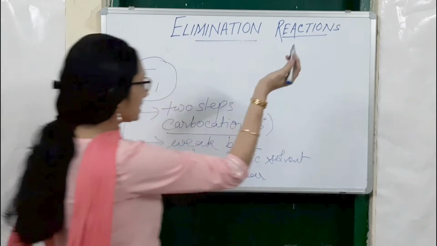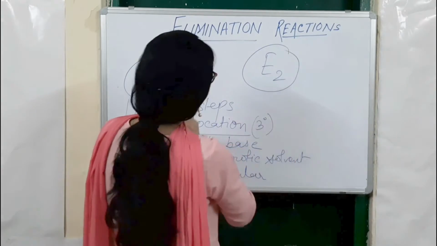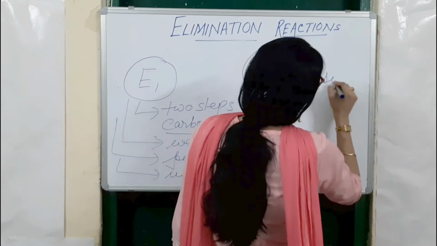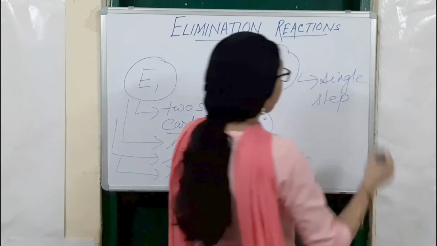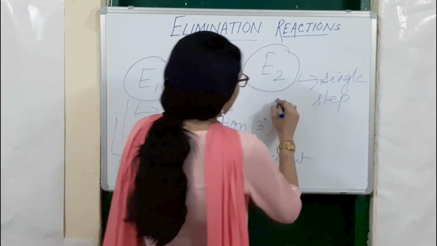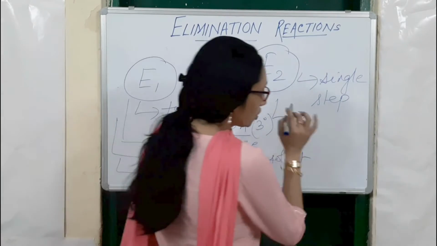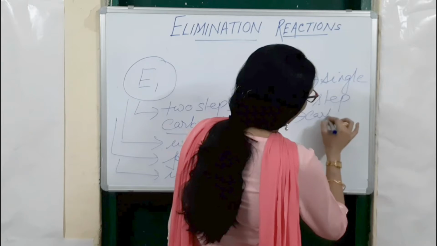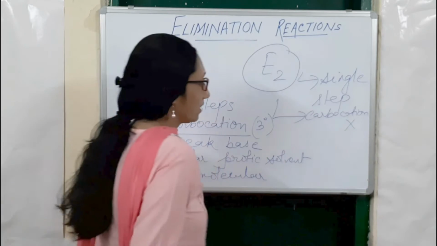Now what about this E2? E2 involves only one step. It is a single step concerted mechanism. Now in E2, since it is single step, it will not involve the formation of any carbocation.